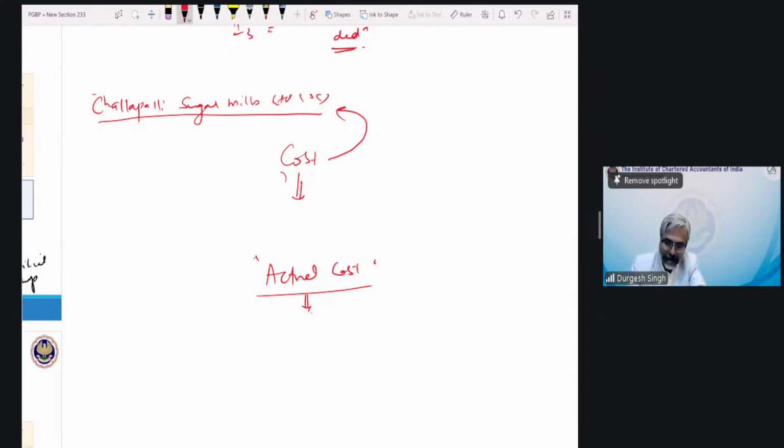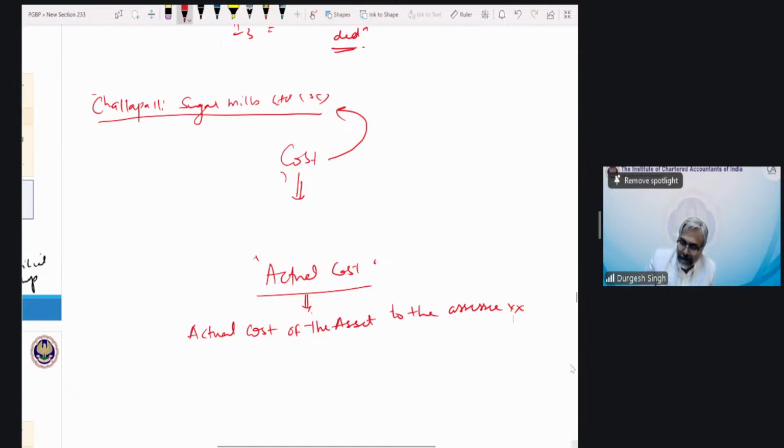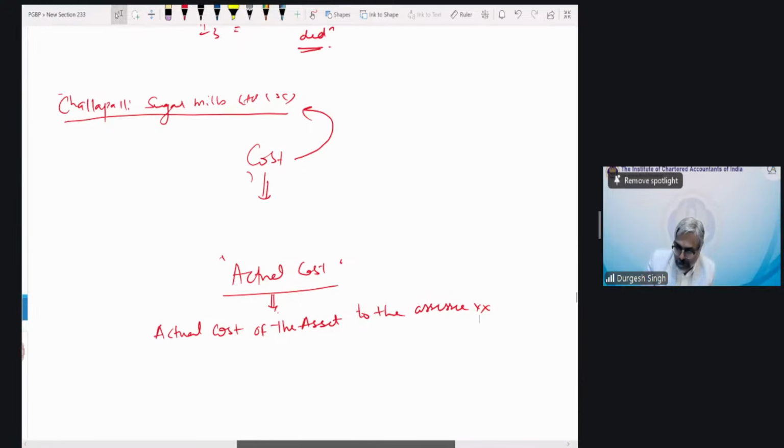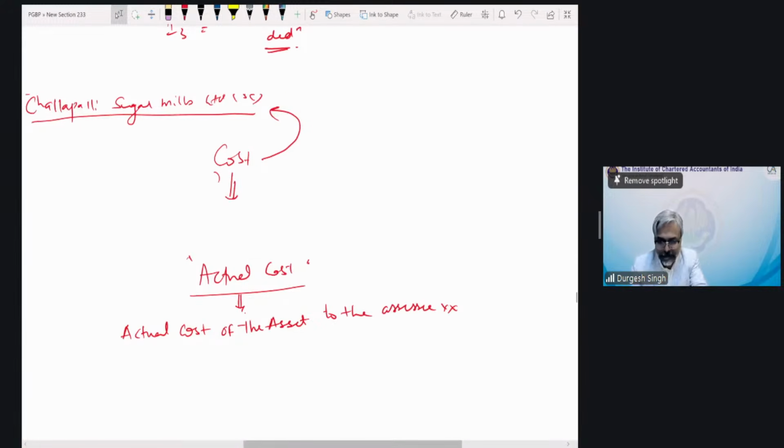Here we will write this statement: actual cost of the asset to the assessee, students.